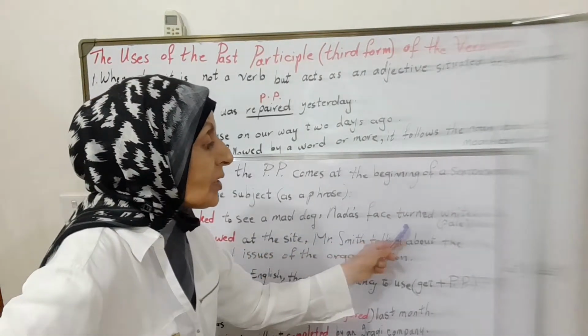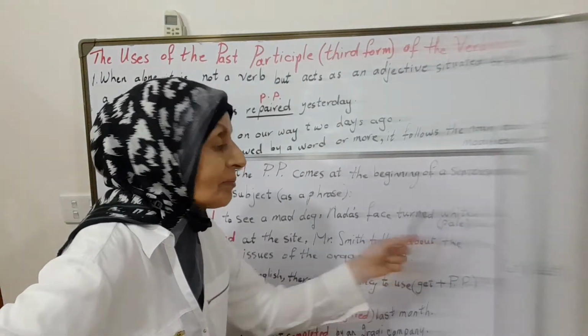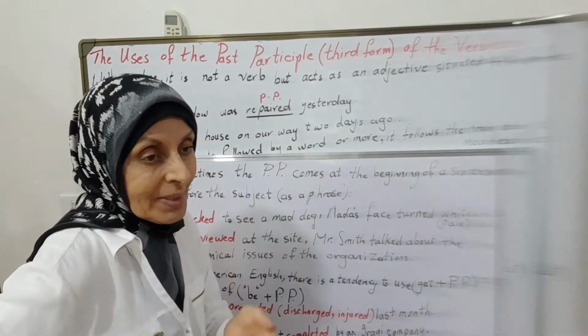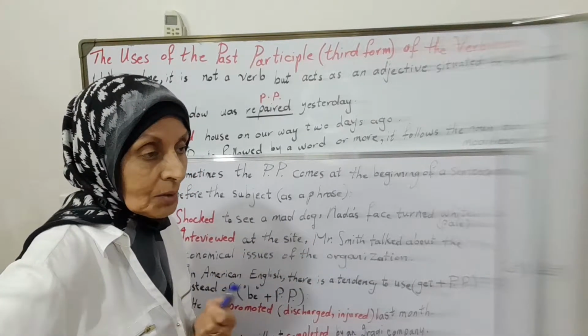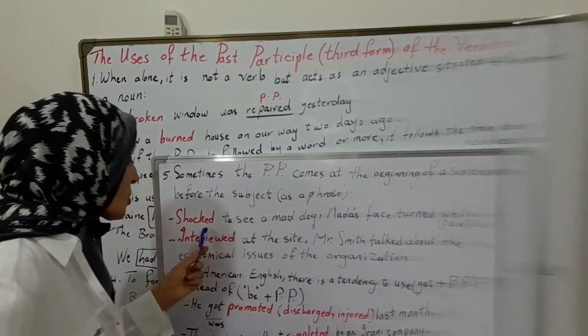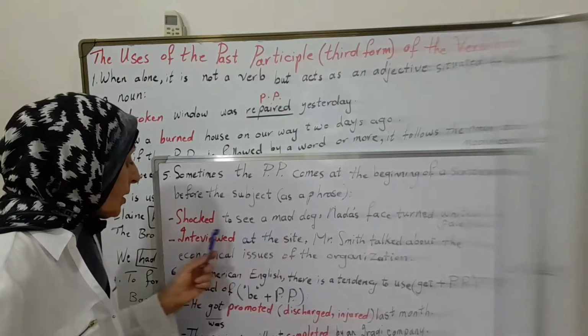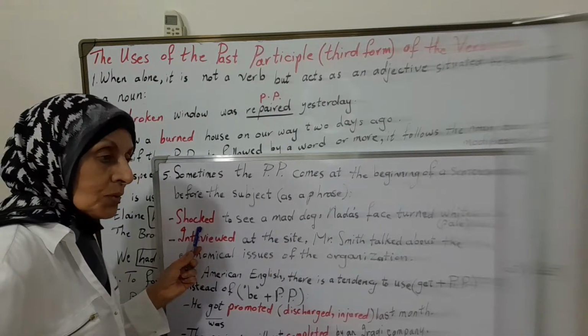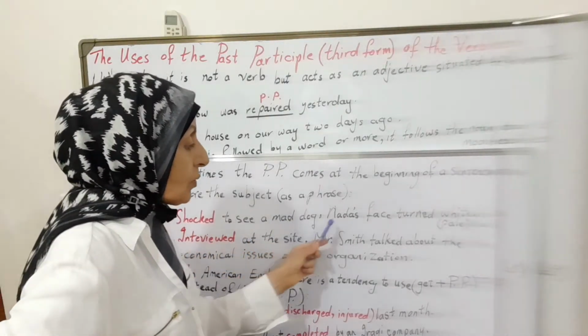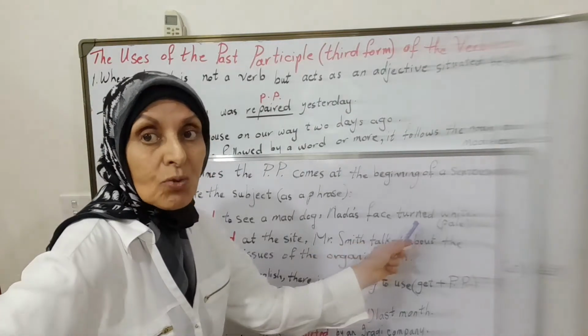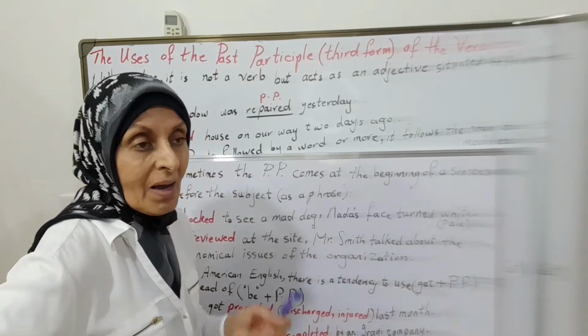Nada's face turned white. Turned white means turned pale. We say pale, شاحب, but the English use white. Shocked to see a mad dog. مصدومة لرؤية كلب مسعور. Nada's face turned white. وجهها أصبح شاحب.